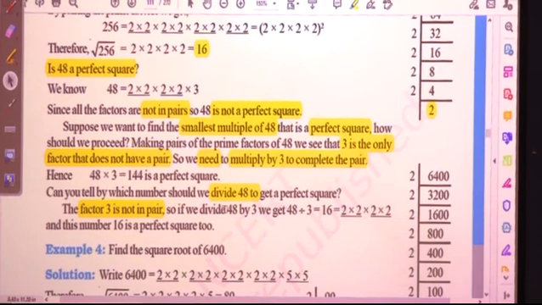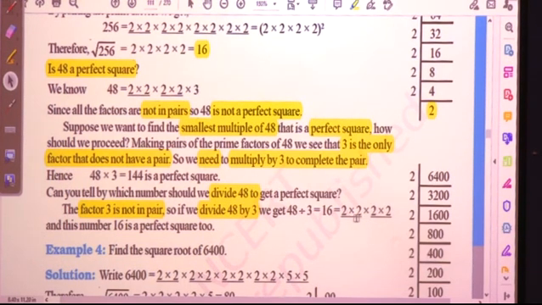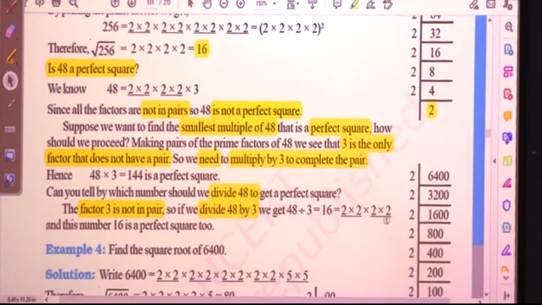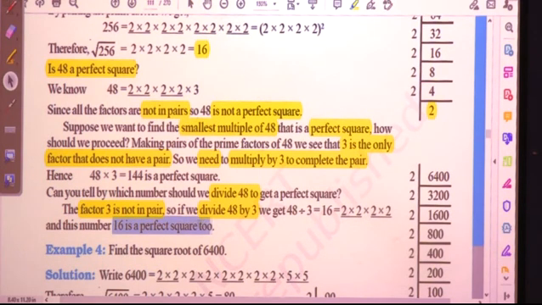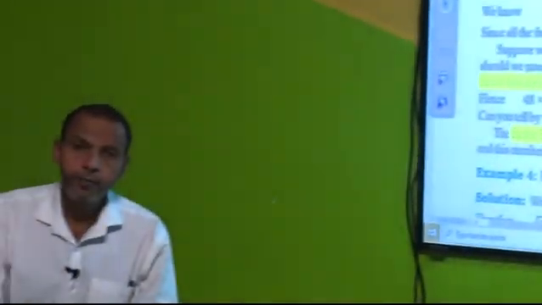So, if we divide 48 by 3, we get what? 16, and you can see the prime factors of 16: 2 is present 4 times, means 2 pairs, and this number 16 is a perfect square too. What are they explaining here? If a number is not a perfect square, by what number we multiply or divide, we can get a perfect square.